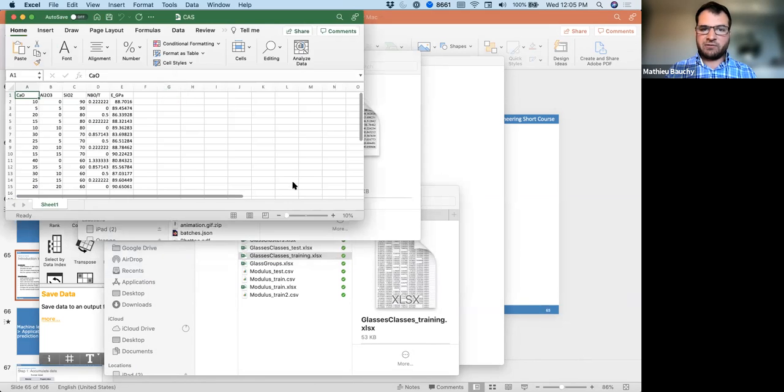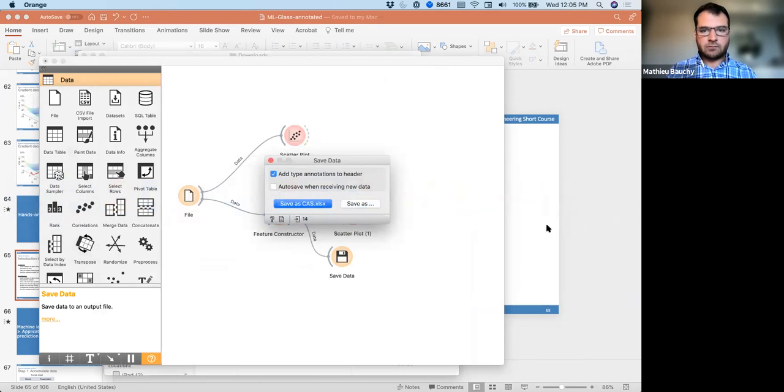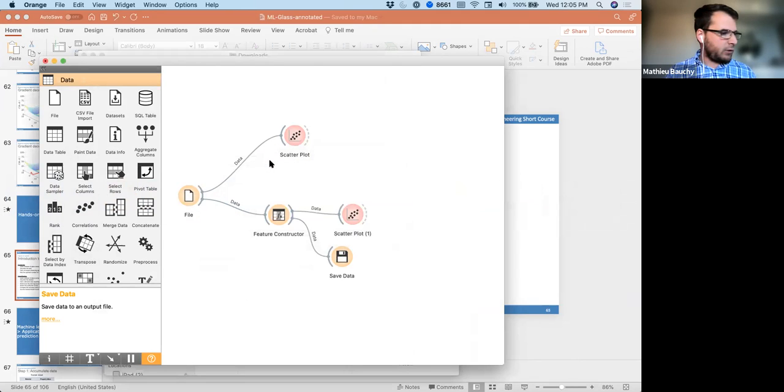So now you will have this new Excel file where you have this new variable NBO over T that you created with this feature construction widget. Okay. Any questions about this before we move to using this to implement a machine learning model?